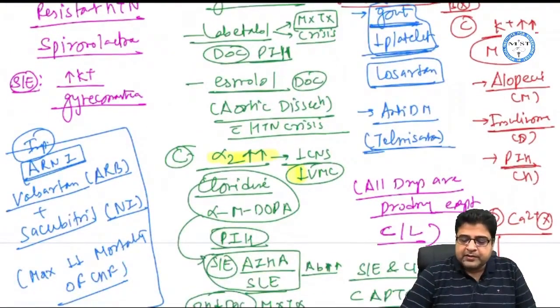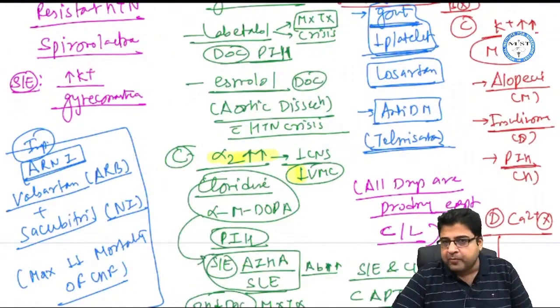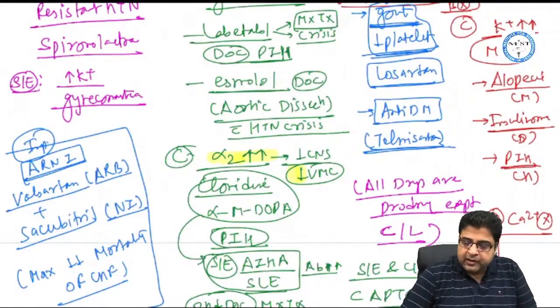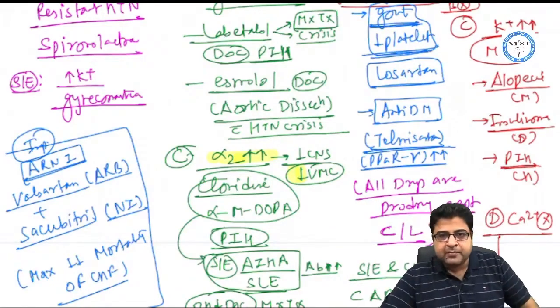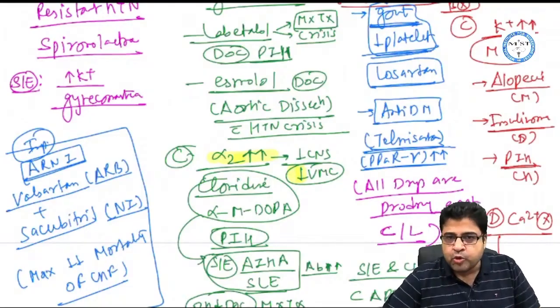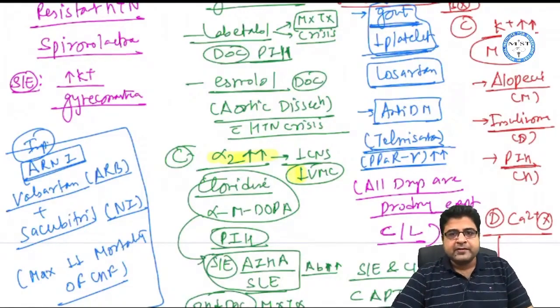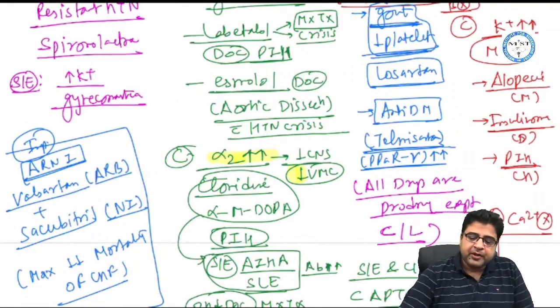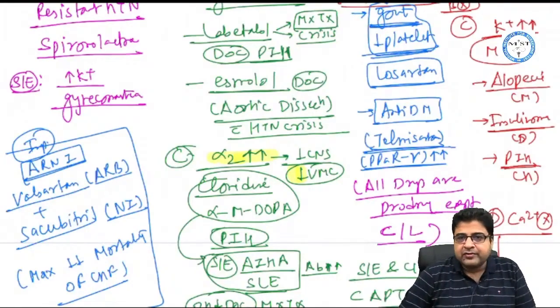Telmisartan has anti-diabetic property. This medicine will act on PPAR gamma receptor, and by acting on PPAR gamma receptor, this medicine can cause glucose uptake in the body, and the medicine has the anti-diabetic property. So all these are indications of this medicine.